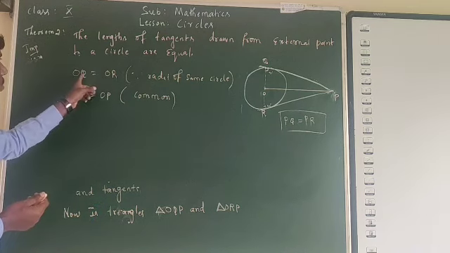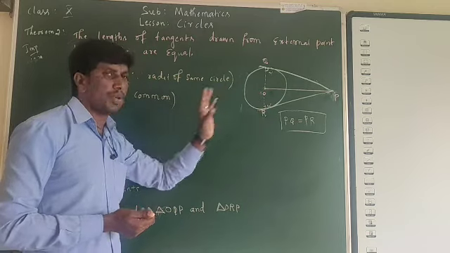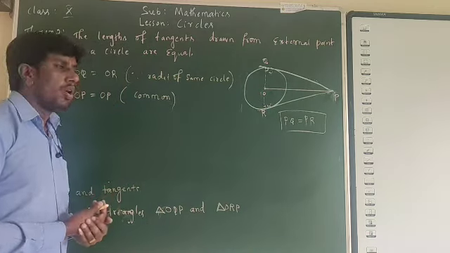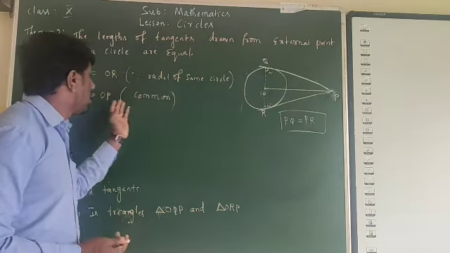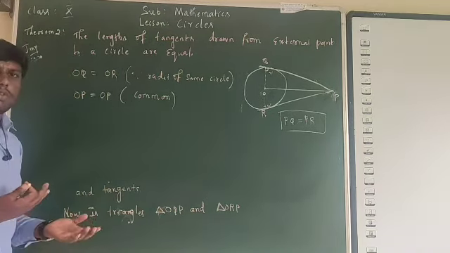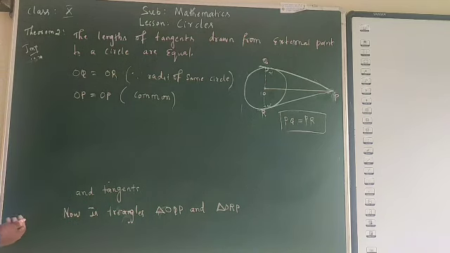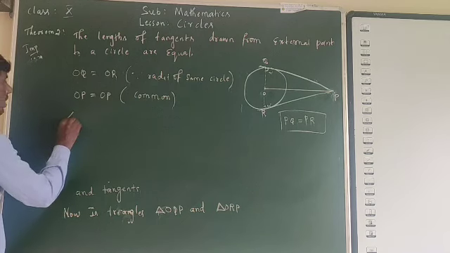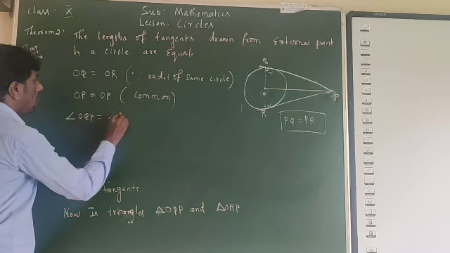So OQ is equal to OR, because OQ is also a radius and OR is also a radius of the same circle. Then OP is equal to OP because it is common. If you take any quantity, it must be equal to itself, right? And we have one more thing. What is that? Angle OQP is equal to angle ORP.